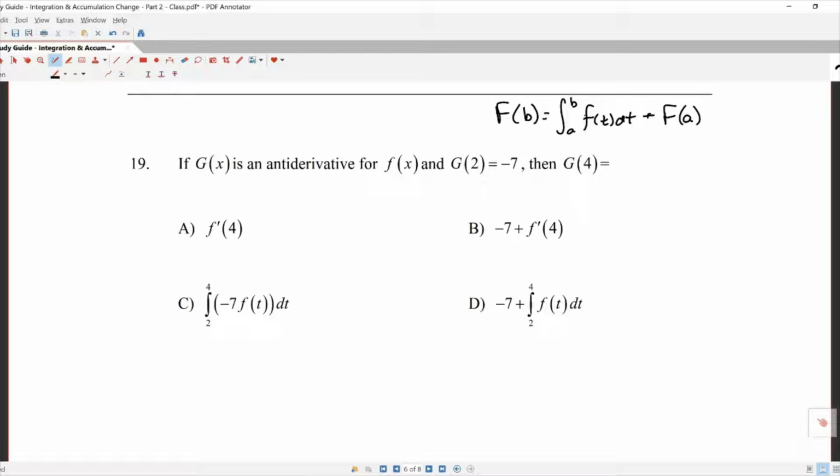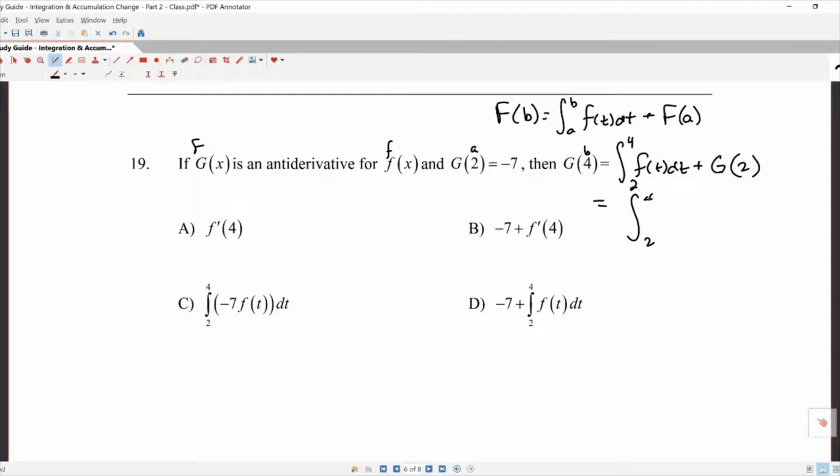So remember, big F is an antiderivative for little f, so this takes the place of our big F. This is our little f. So g of 4, where 4 is our b value and 2 is our a value, is going to be the integral from a to b, so from 2 to 4 of f of t dt, plus g of a, which is -7.